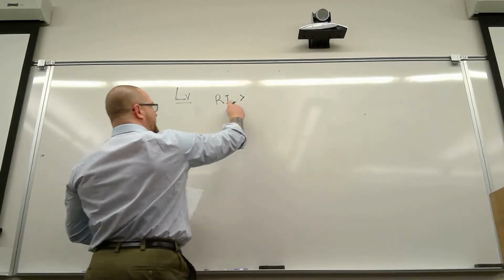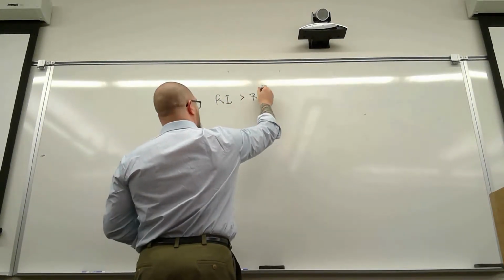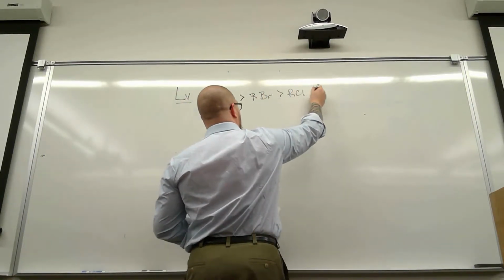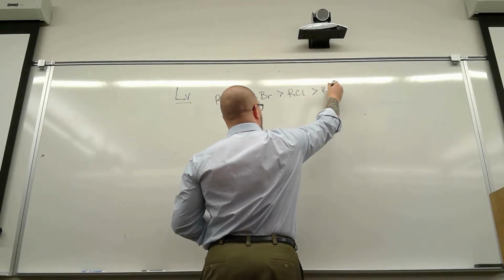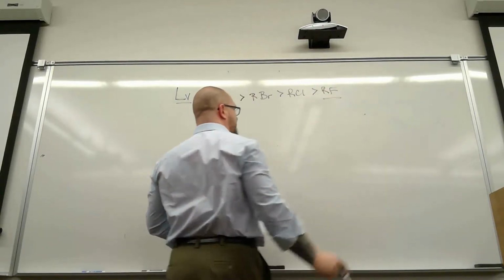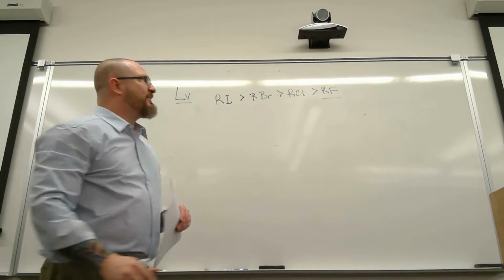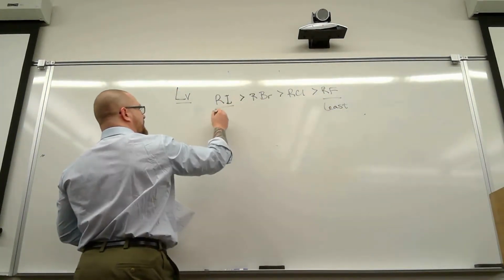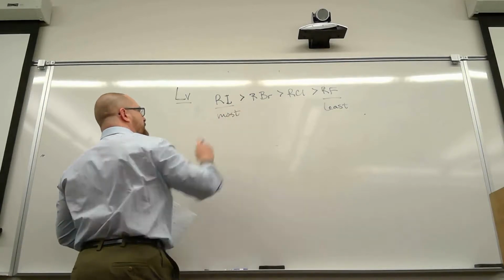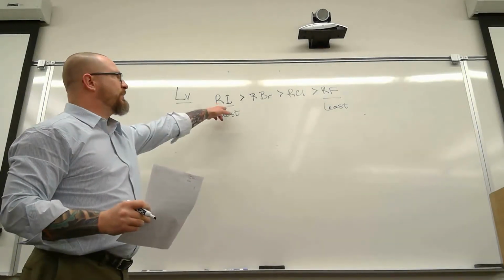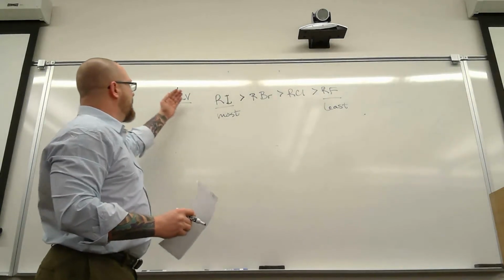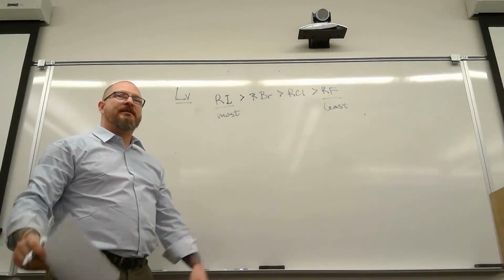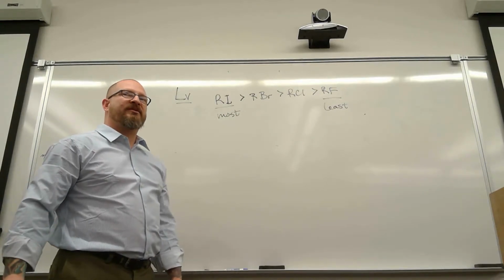Our alkyl iodide is going to be superior to our bromide, which will be superior to our chloride, which will be superior to our fluoride, with fluoride being our least reactive, and our iodide being our most reactive because it's a superior leaving group. It's easier to get those extra electrons onto the iodide because of its size and its relative basicity.